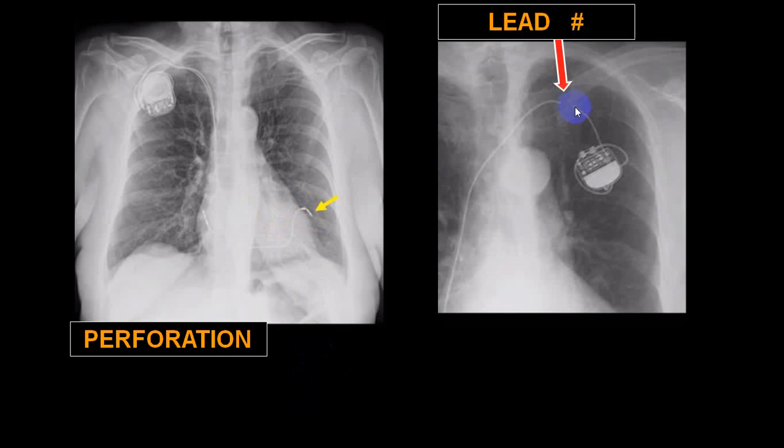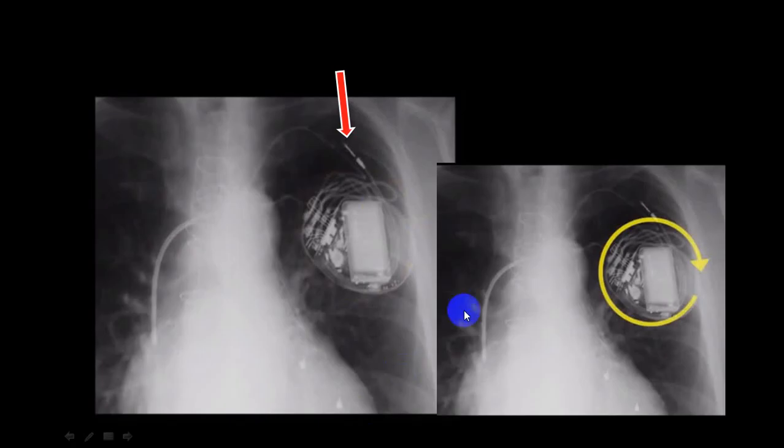This is a lead fracture, we call lead fracture. You can see this particular one tip of the wire is here, and another wire is seen here. And this happens very frequently. The person has got a habit of touching the pacemaker box very frequently, and he goes on rotating.